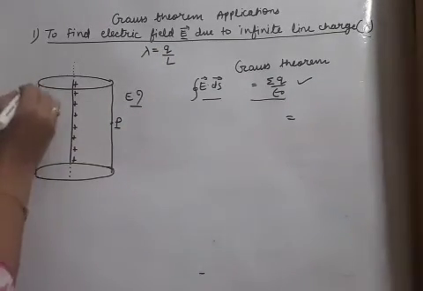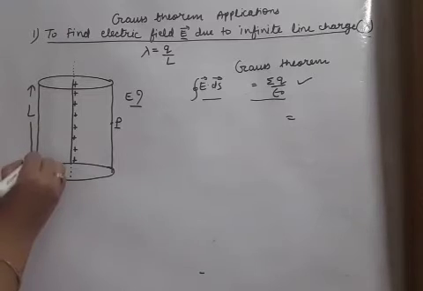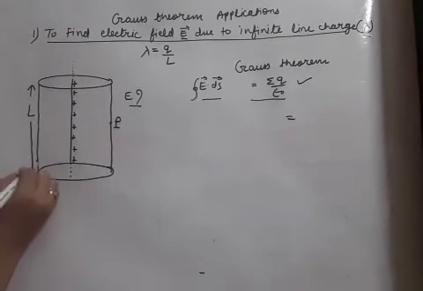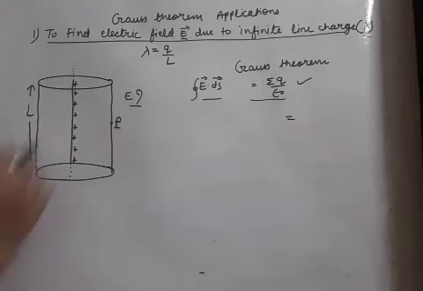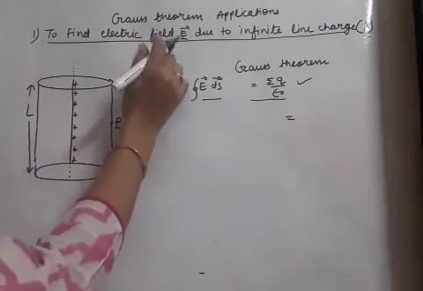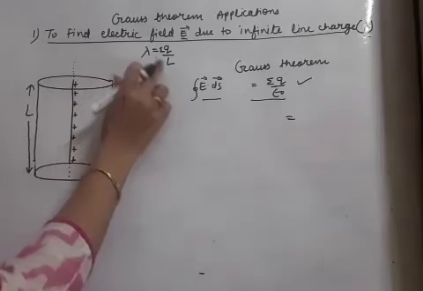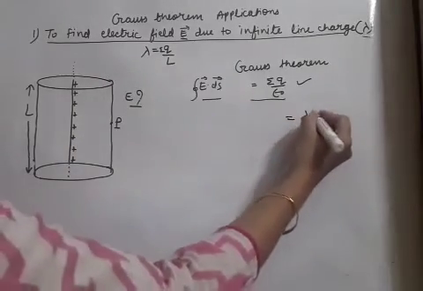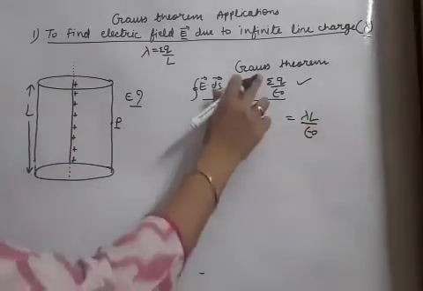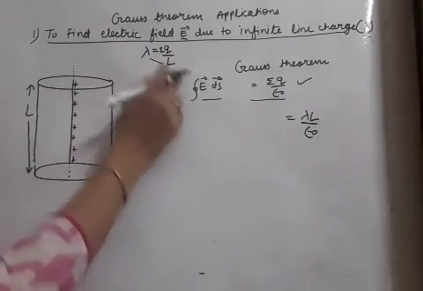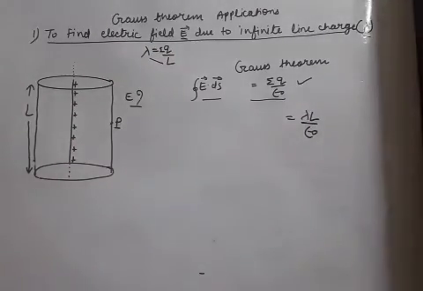So suppose I take the length of this cylinder as L, total length of the cylinder as L, then what is the total charge enclosed inside the cylinder? That will be lambda into L. So we have to replace summation q by lambda L. So it is very easy. Summation q formula is lambda into L by cross multiplication. One thing is this done.